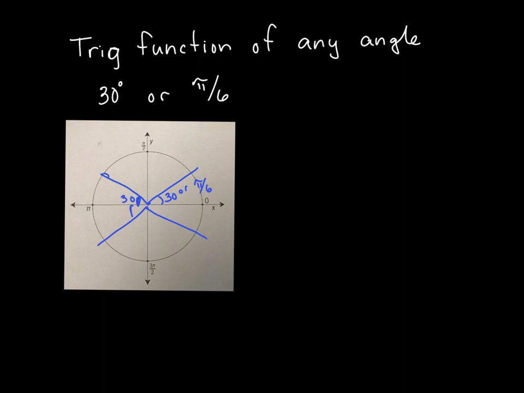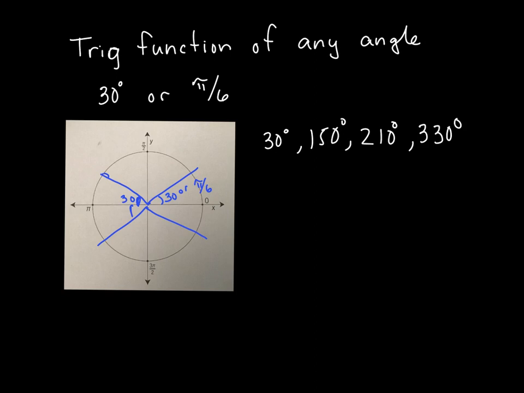So when you're looking at all of these values for 30 degrees, 150 degrees, 210 degrees, and 330 degrees. Now notice, those are all easily divisible by 3.